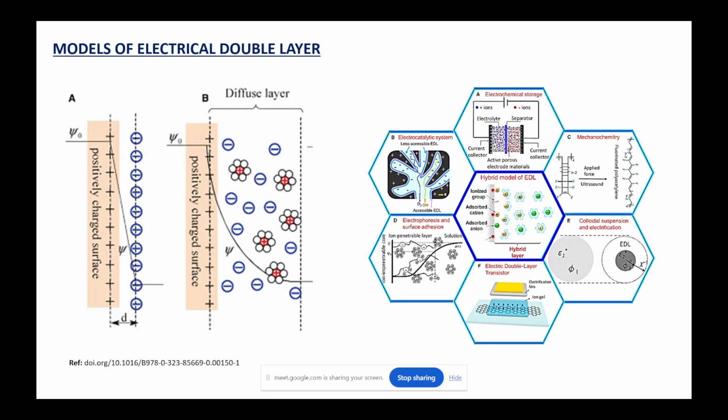Similarly, different applications use this concept. As I said, you are always welcome to go through how the electrical double layer is used in multiple applications. But since this course does not deal much with how it is used in applications, I'm going to limit the discussion here.